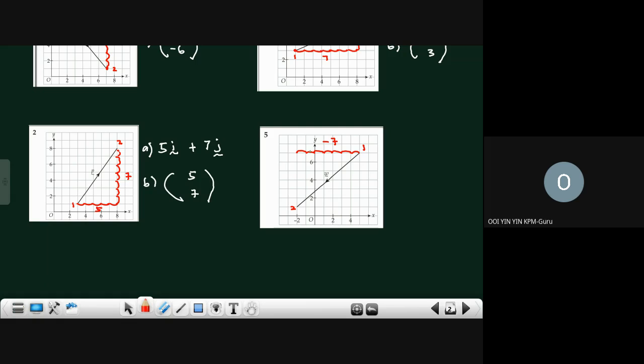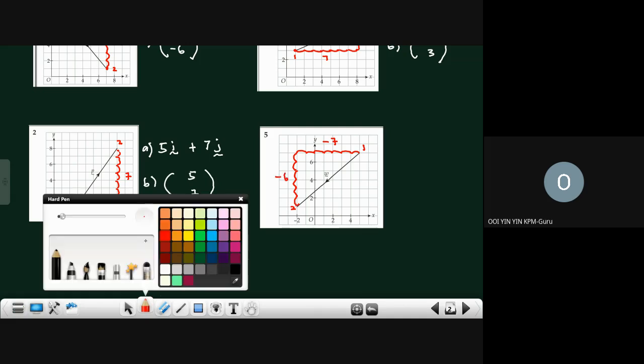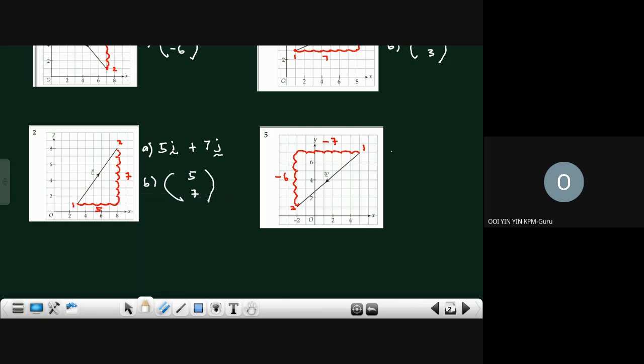And then from here to 2 here, we'll go down, right? Go down. Okay, how many units? 1, 2, 3, 4, 5, 6. Okay, 6 down, -6. Okay, so your vector here, A, we write -7i minus 6j.